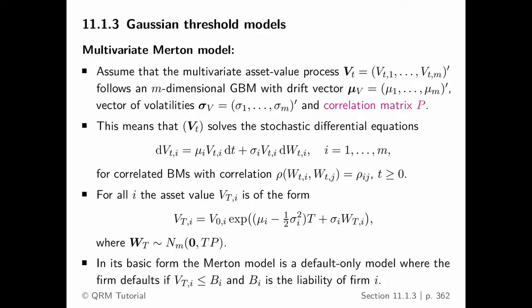We're not going to go into stochastic calculus and all that, but these are correlated Brownian motions, so here enter the correlations. And if we now look at the value of the assets at the time horizon t, when debt has to be repaid, it's going to be multivariate log normal, because this vector here will be multivariate normal.